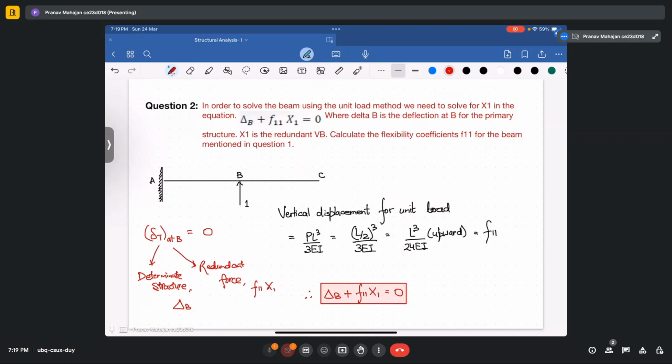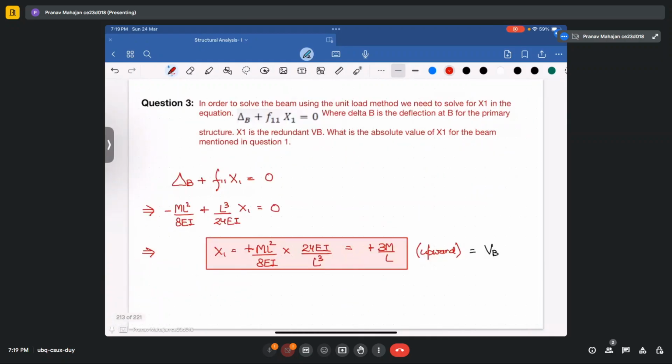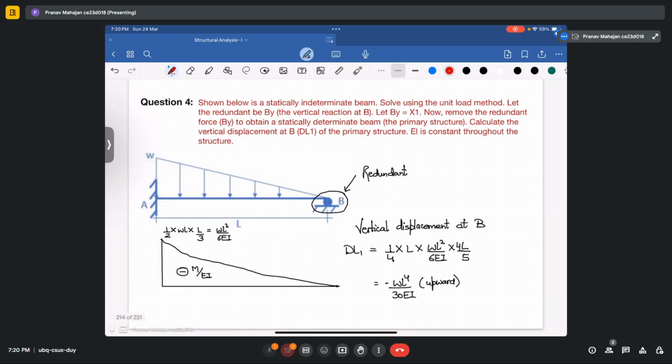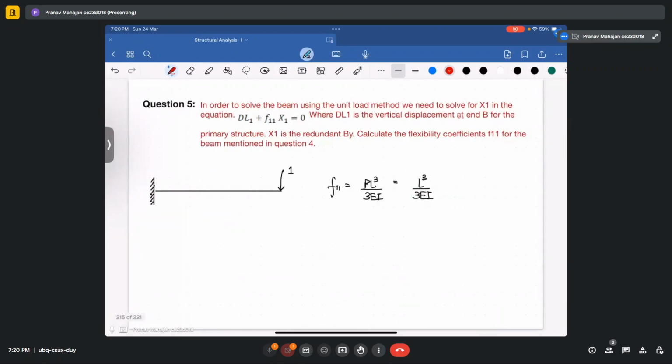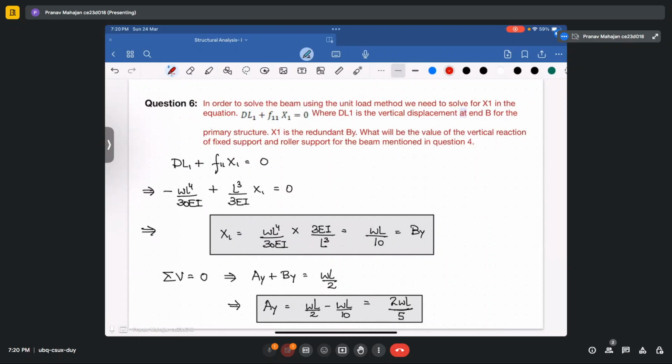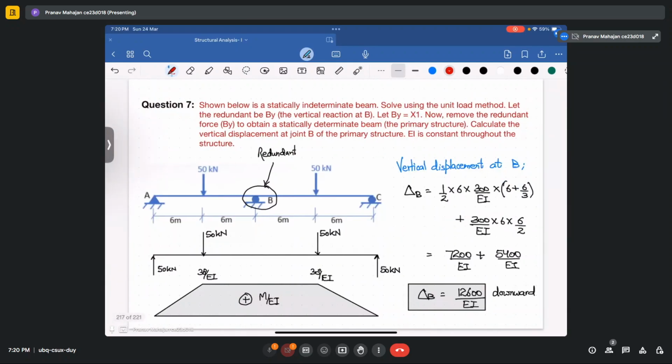Then we apply the consistency equation, and solving the consistency equation, we get the value of the unknown reaction at that particular point. Similarly, we have solved the problem for this uniformly varying load to determine the value of By and Ay along the supports of this beam element.